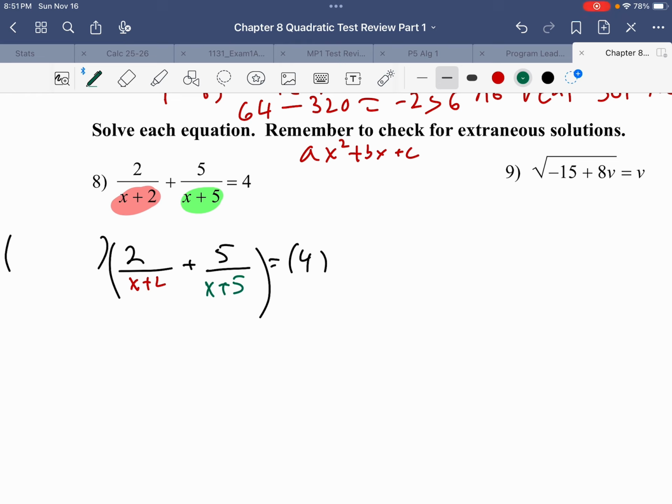When I multiply both sides by x plus 2 times x plus 5, it's going to take me a minute to write. Oh, sorry, let me do it on this side too. X plus 2 times x plus 5.